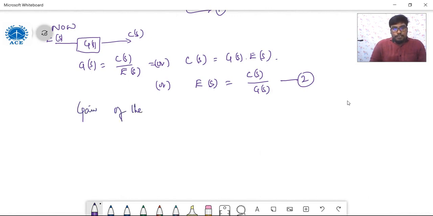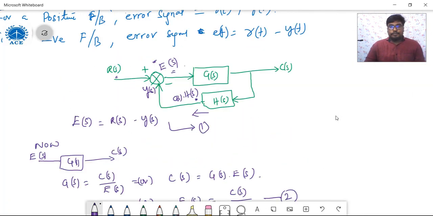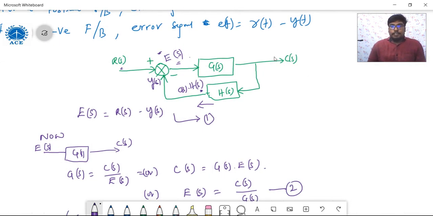Gain of the feedback path is given by, see here, the feedback path is H of S. For the feedback path, we have input C of S and output Y of S, so that we need to consider here.